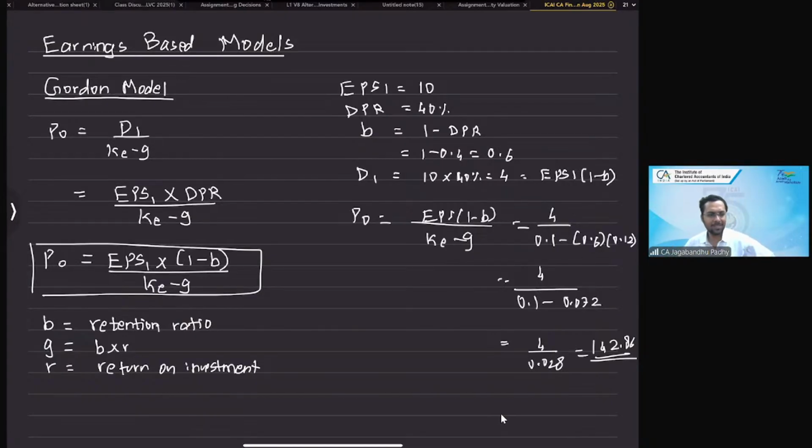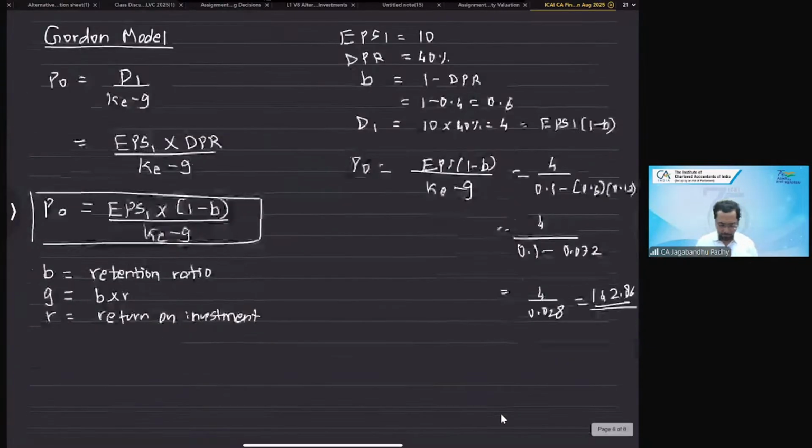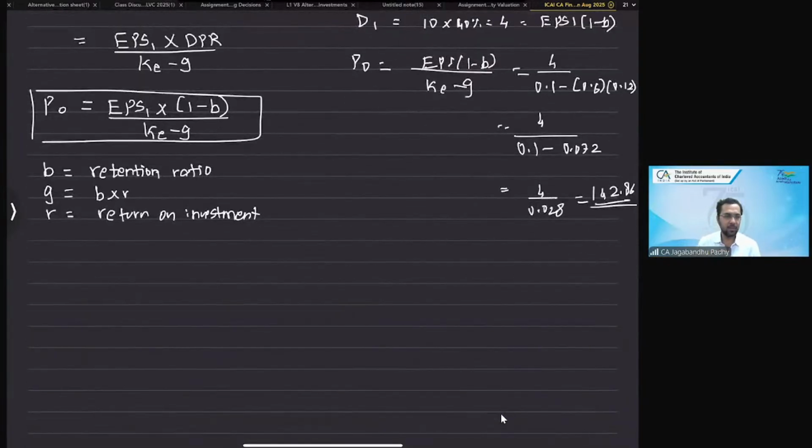Again, it is the Gordon formula, just a redrafted model. Another way of obtaining share prices, which you might have learned in dividend decisions, is the Walter model. Do you remember the Walter model from CA Inter?